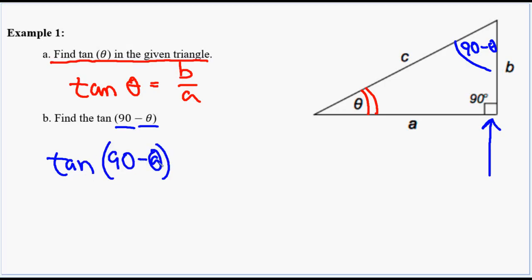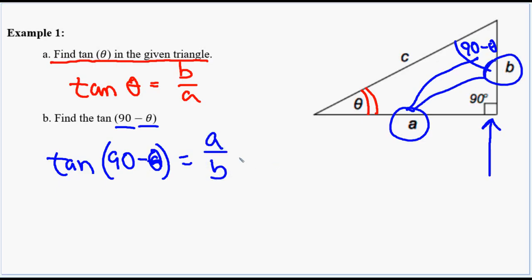So the tan of 90 minus theta, it's still opposite, but now the opposite side is A. The adjacent side is B, A over B. Notice it's just a reciprocal of what we found up here. We did not use the hypotenuse at all in any of these calculations.